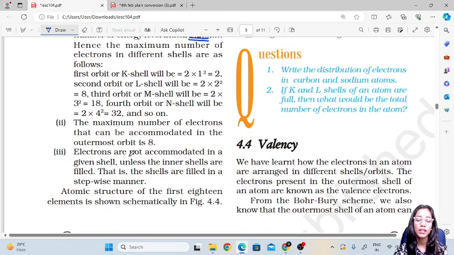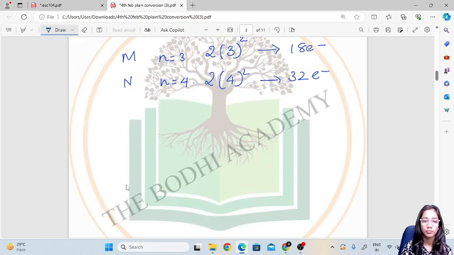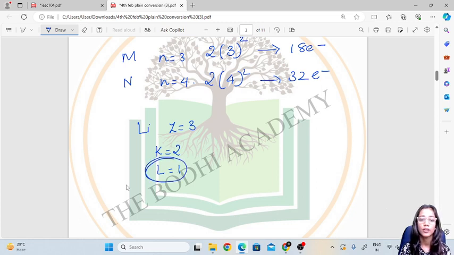Now, the second rule concerns the outermost shell. Let's consider lithium: if the atomic number is 3, K will take 2 electrons and the L shell will take 1 electron. Which is the outermost shell here? The outermost shell is L. For each element, the outermost shell will be different.